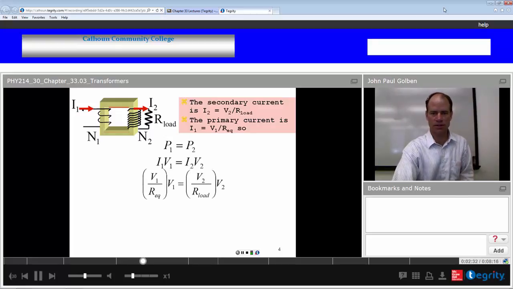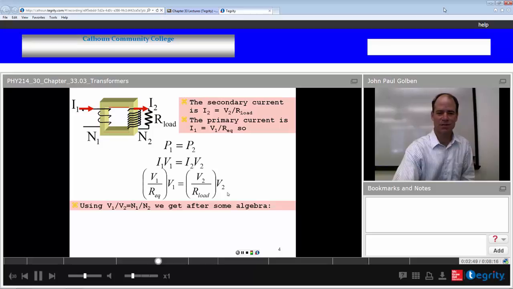And we'll substitute in for our currents. V1 over our equivalent resistance of the circuit, times V1, is equal to the current I2, which is the voltage divided by the resistance of the load, times V2. Hence, we have V1 squared over R equivalent is equal to V2 squared over R load.